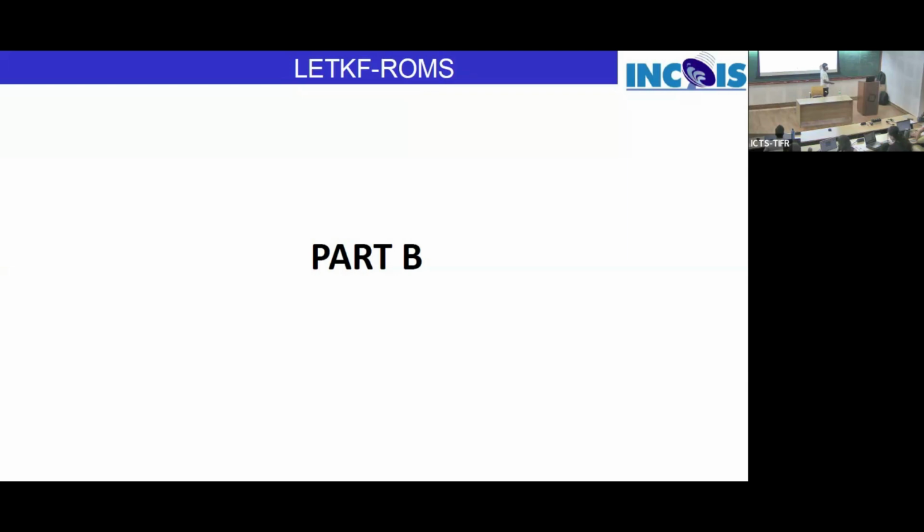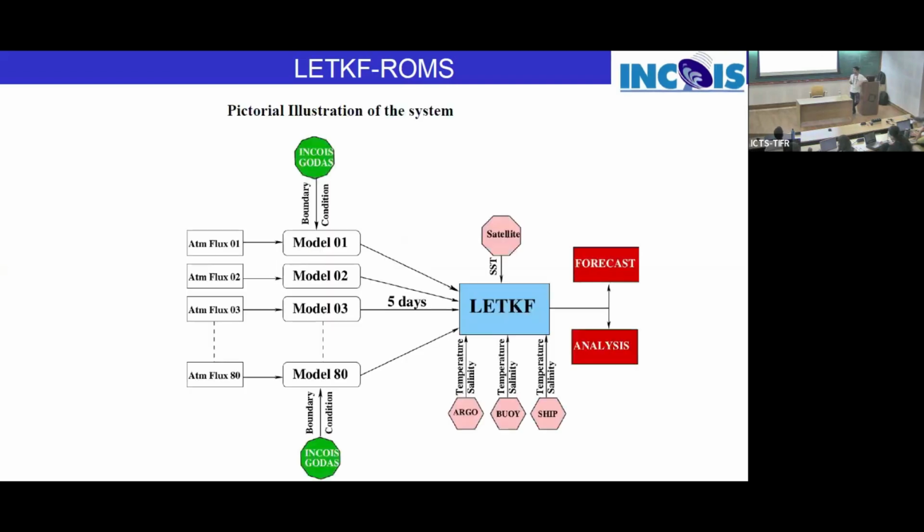How exactly do we implement LETKF, that ensemble system, in our place? This is a pictorial representation of what is happening. Since this is an ensemble system, and we said that we work with 80 ensembles, each of these models, so there are 80 different models with 80 different initial conditions.